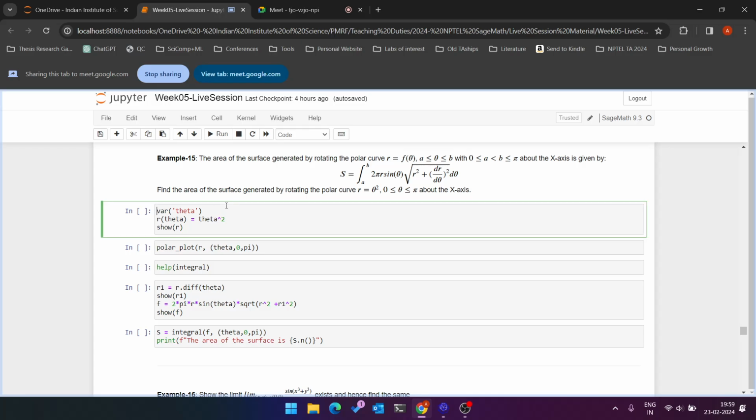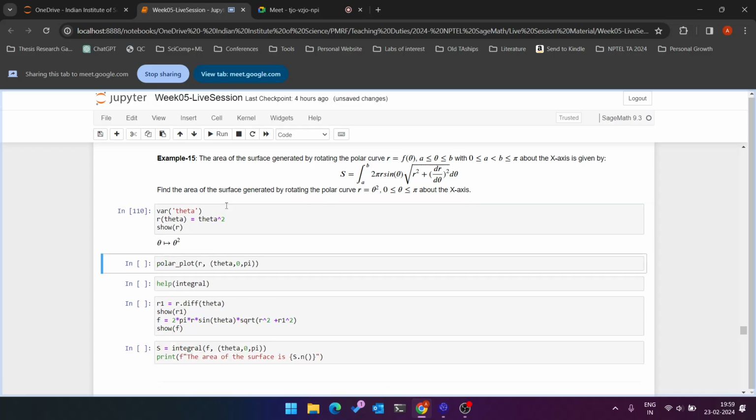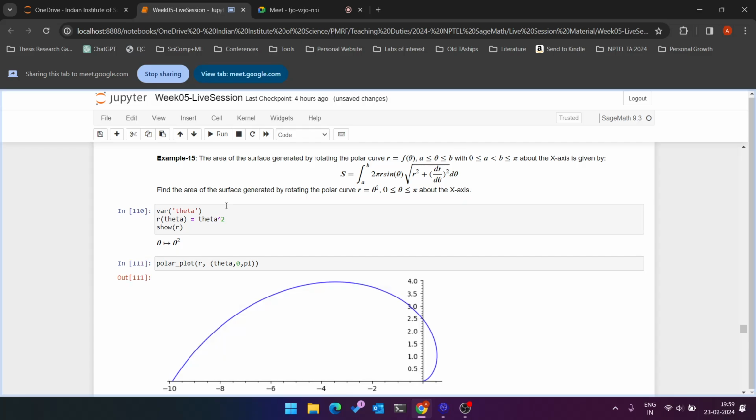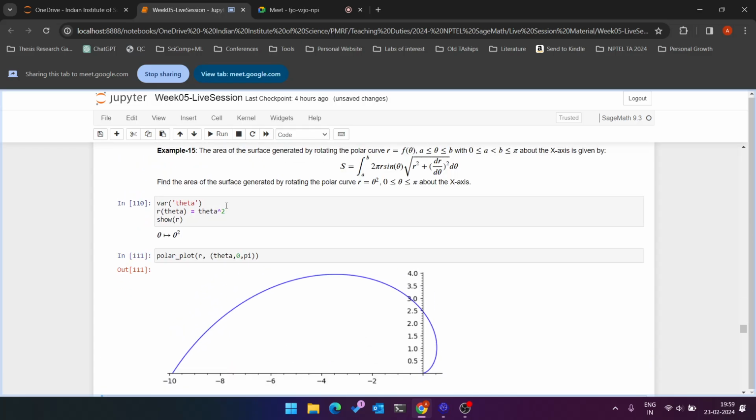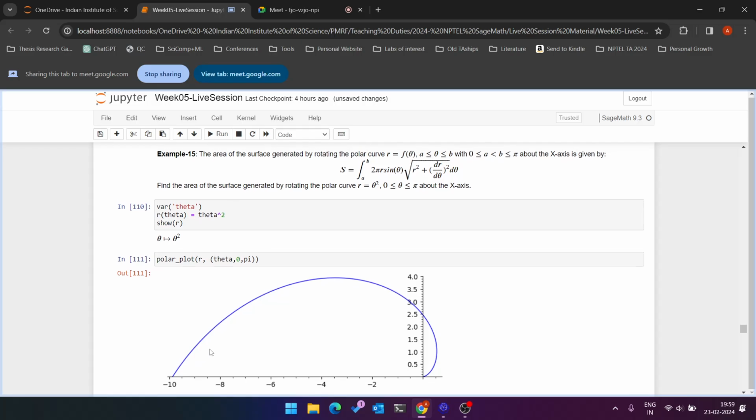So again the same process, initialize the variable theta, initialize the function r of theta. Next, do a polar plot, but within our limits of 0 and pi. So this is how my polar plot looks like. Theta equals 0 to theta equals pi.